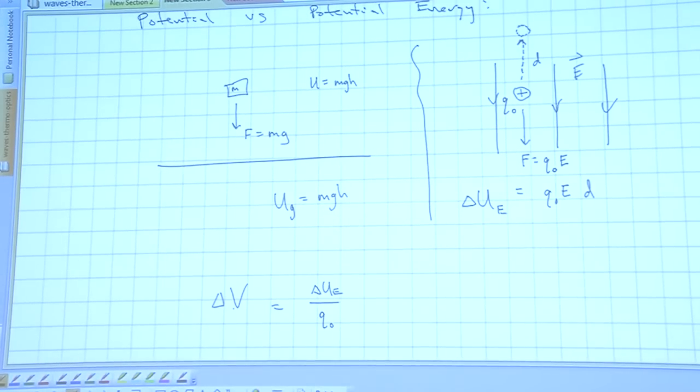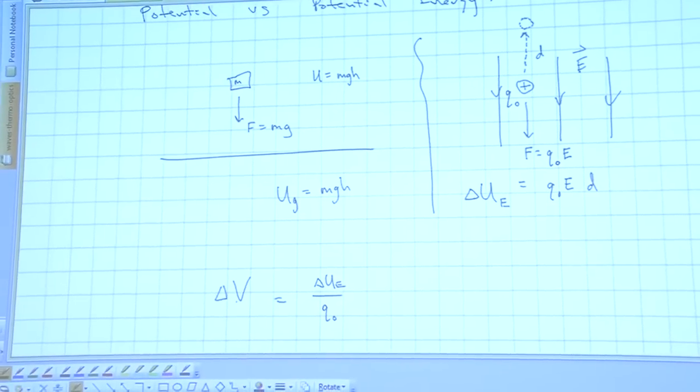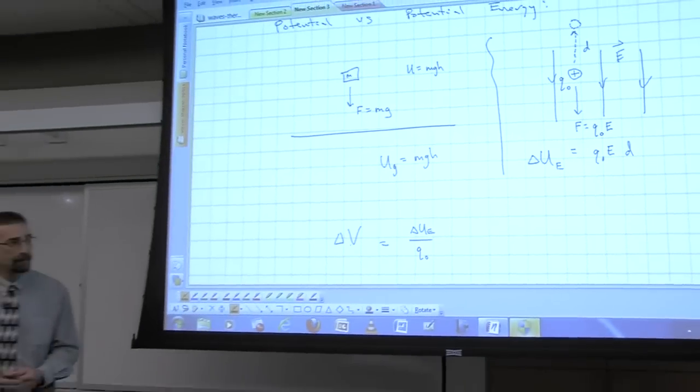This is handy if we're going to move a bunch of different charges, like in a circuit, when the current changes. Sometimes the current is small, sometimes the current's big. We don't want to have to redo the calculation as the current is constantly changing. We want to do the calculation once, and then if we want to know the energy, we multiply it by the charge at that time, right? We can multiply it by Q later.